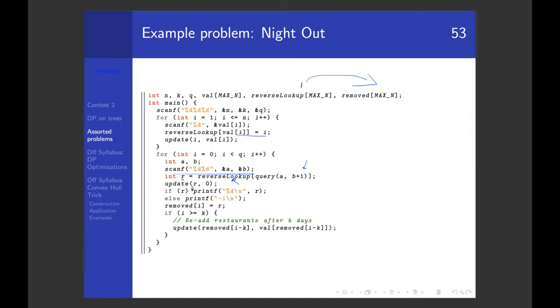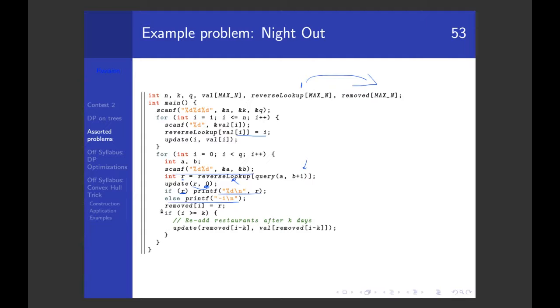Then we say, okay, update the index, set it to 0. We then print the answer. If the index is non-zero, we print the index. However, if the index is 0, index 0 corresponds to no restaurant, and print -1. Problem said, if there's no restaurant, print -1, so we do that.